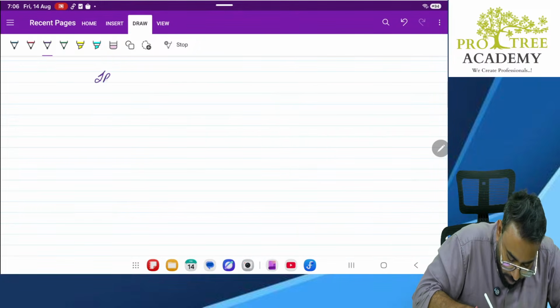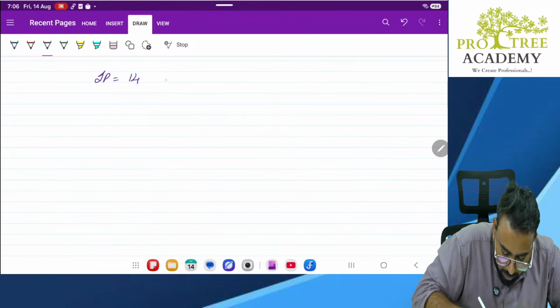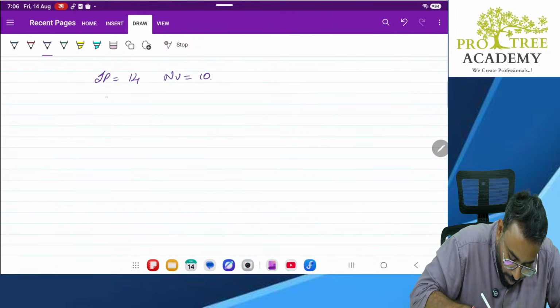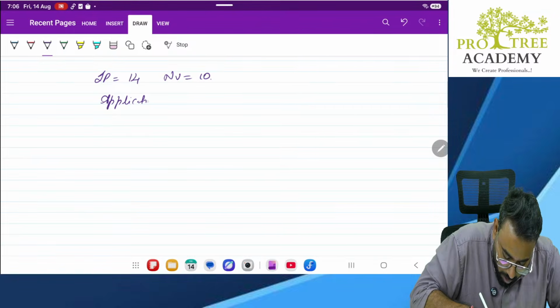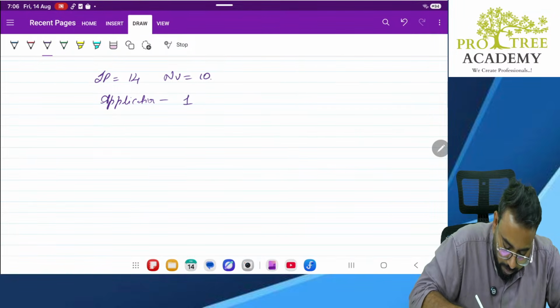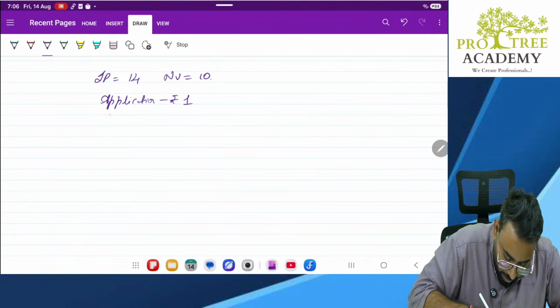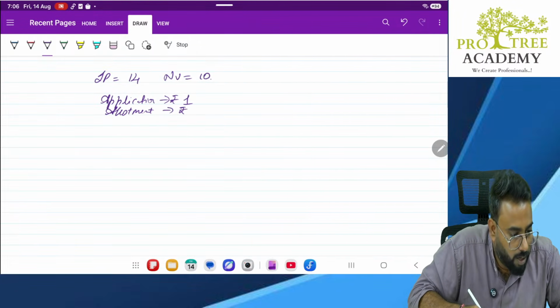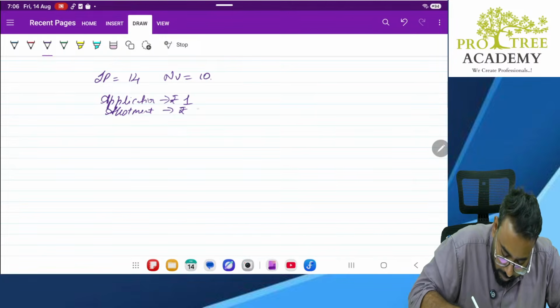Issue price is how much? Issue price is 14. Nominal value is how much? 10. Correct? Okay, fine. On application, how much do you have to receive? ₹1. Correct? On allotment, how much? 6.